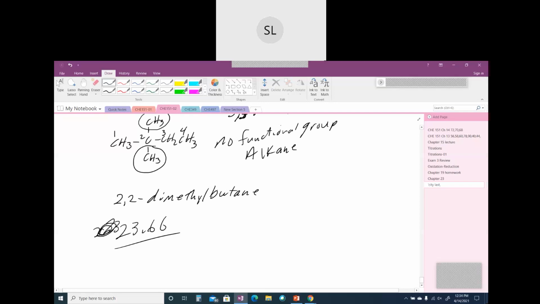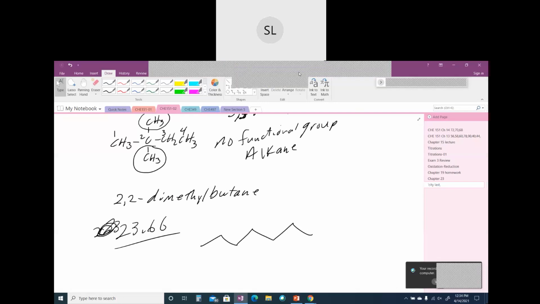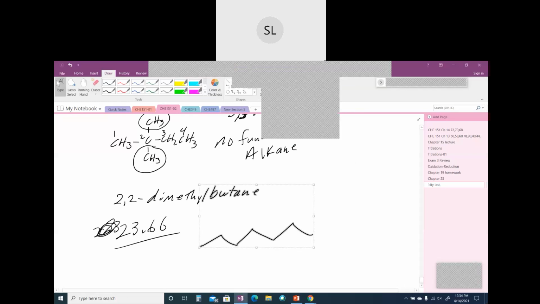Write the structural formula for each of the following. 3-ethyl 1-hexene. So the way I do it, okay, not sure what's going on. Okay, so I have my hexane.